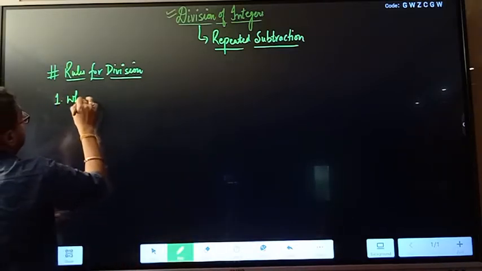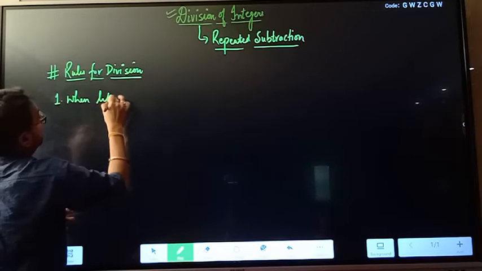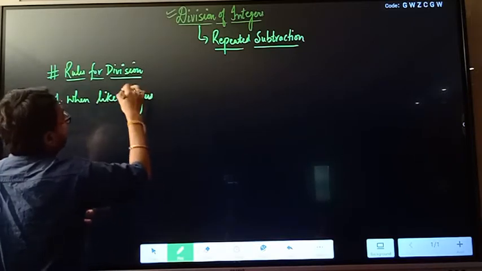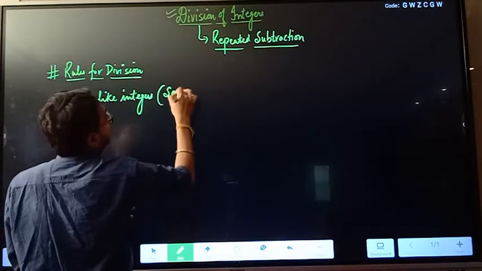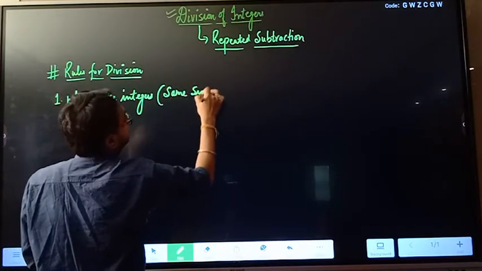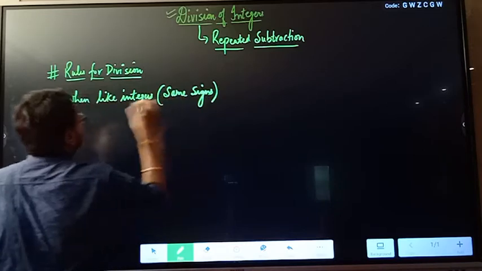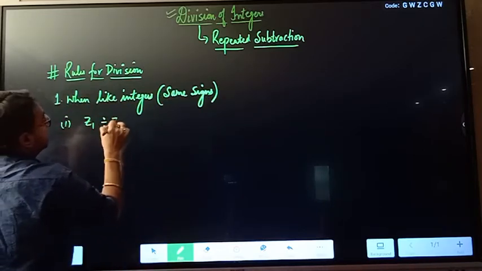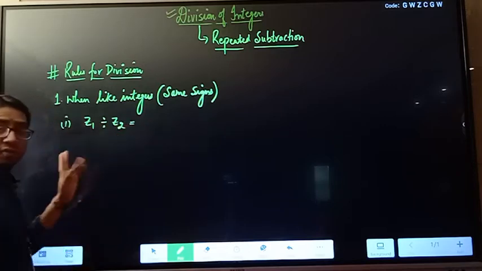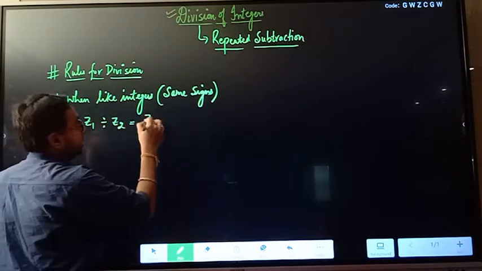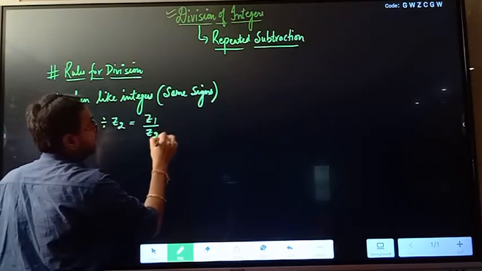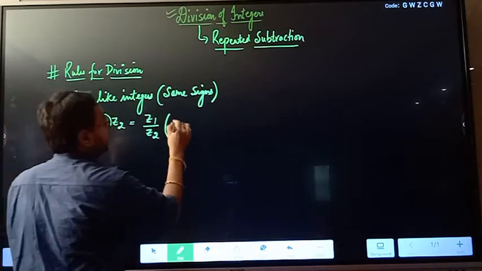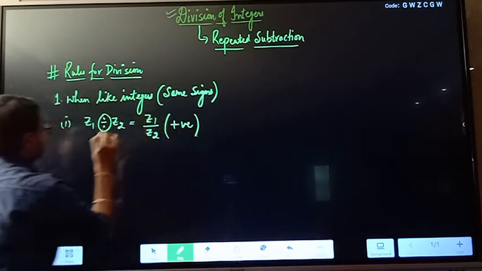First, like integers. What do we mean by like integers? We have already discussed that. Like integers means having the same signs. For example, z1 divided by z2, the first integer and the second integer: we divide them, and the sign is always positive.